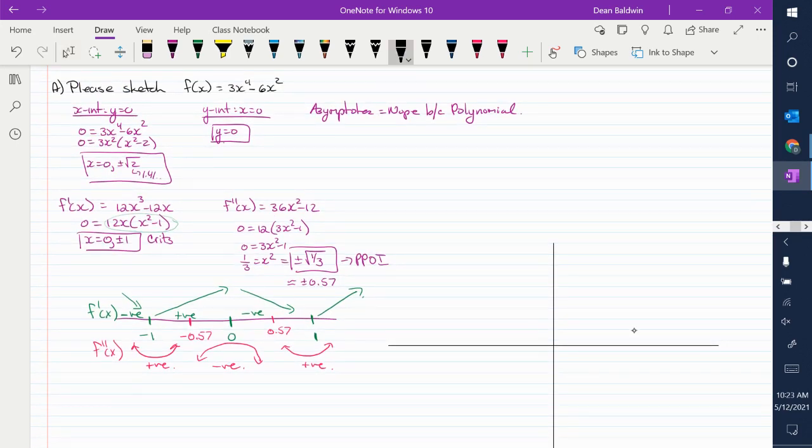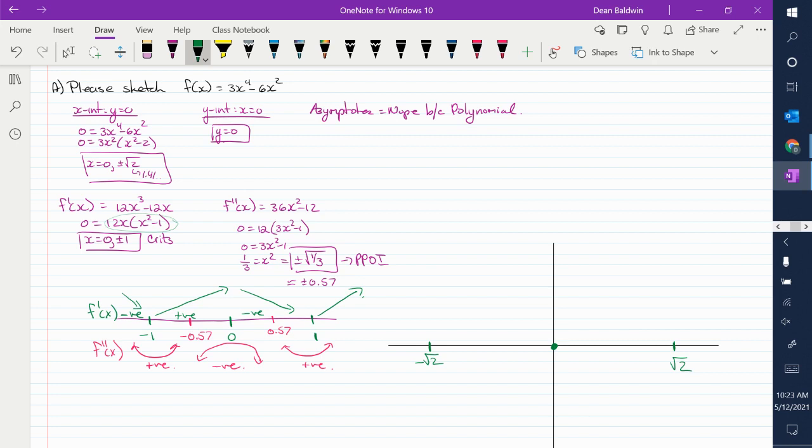Our x-intercepts are 0 and plus or minus root 2, or 1.41. Our y-intercept is 0. We've already got that marked.